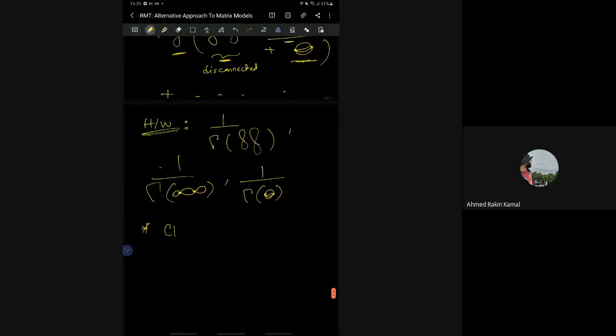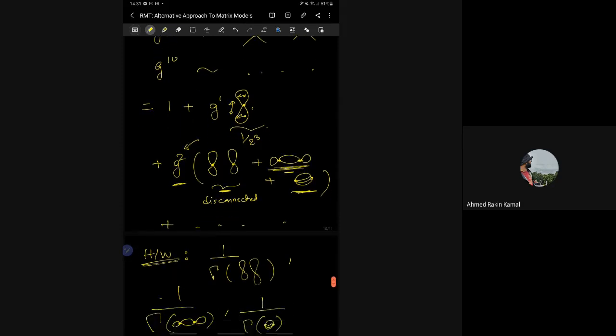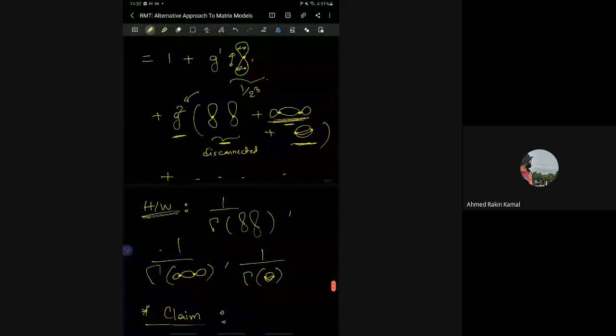Okay, so now I make a claim. Also notice that in the sum of graphs, we can have disconnected ones, right? This is a disconnected graph, in the sense that a vertex isn't connected with another vertex in this graph, whereas here the vertices are connected, like they're talking to each other.